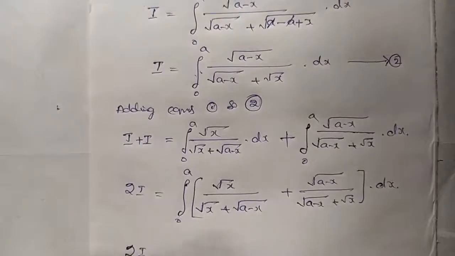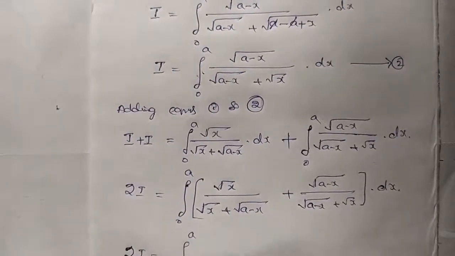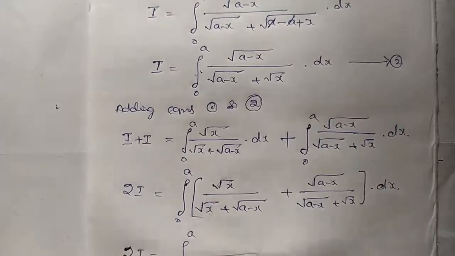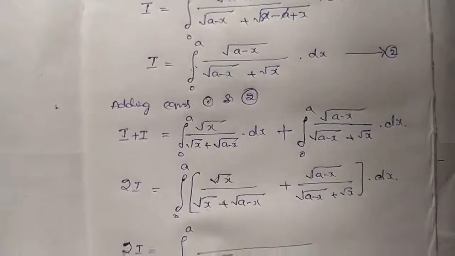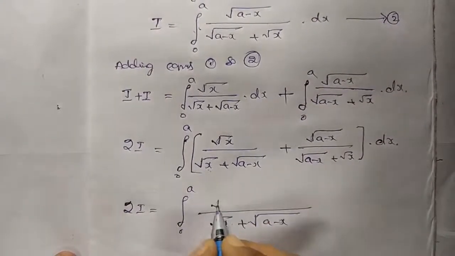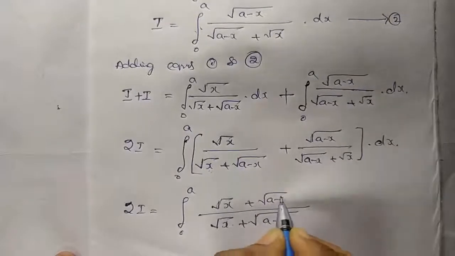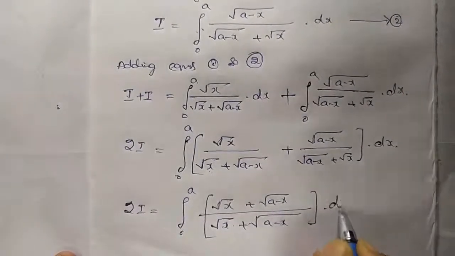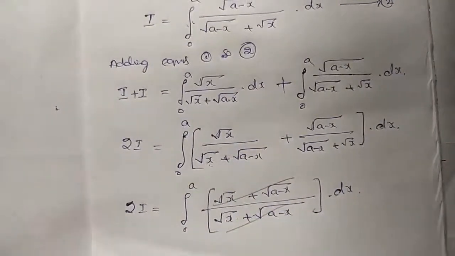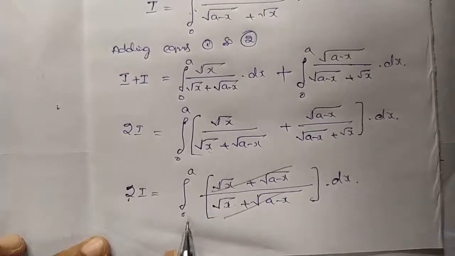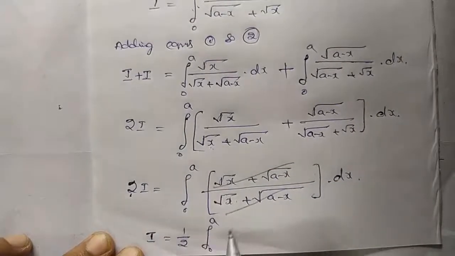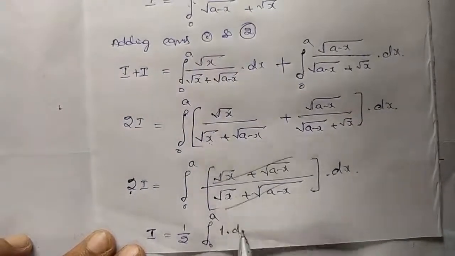So 2I equals integration of 0 to a, LCM of these two is root x plus root of a minus x, numerator root x plus root of a minus x into dx. Therefore numerator and denominator will get cancelled. Send this 2 to this side, then I equals 1 by 2 into integration of 0 to a, it will get cancelled, there will be 1 into dx.